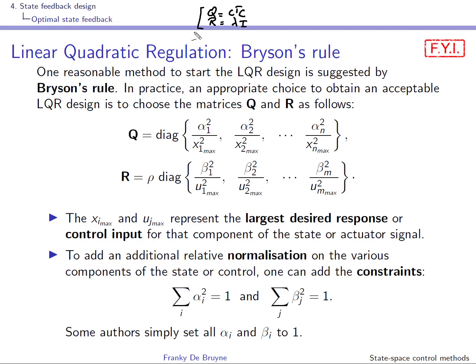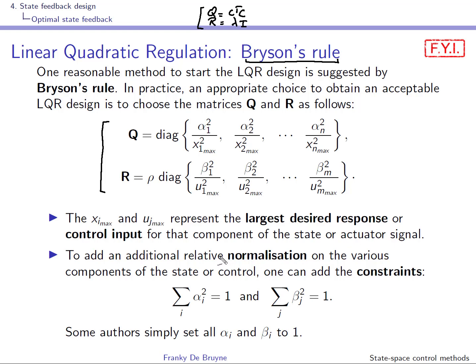In practice, choice of Q and R is very difficult. So this is why if you're trying out LQR design, you might test Bryson's rule, right? And Bryson says you should use the following matrices Q and R, where the xi max and uj max are the largest desired response or control input for that component of the state or actuator signal.